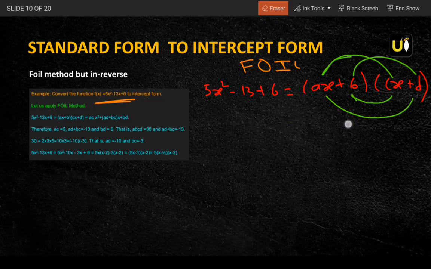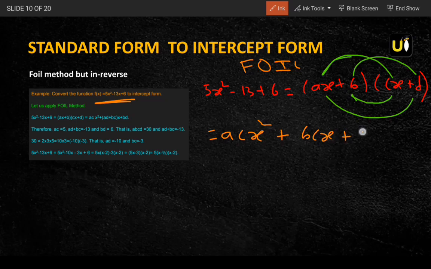Okay. So let's simplify this more: ac x square plus (ad plus bc) into x plus bd.